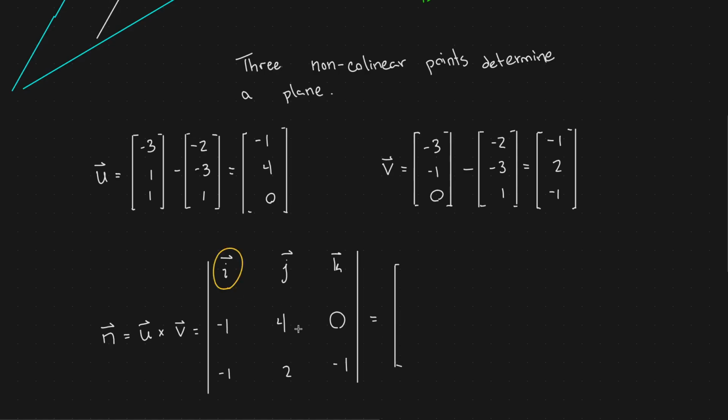For component i, I get -4 minus 0, so I get -4. For j, if I take the 2 by 2 of what's left, I get 1 minus 0, so that's 1. But since it's the j component, I switch the sign, I get a -1. And for k, I get -2 minus -4, so that's -2 plus 4, that's 2. So that gives me a vector orthogonal to both u and v, and therefore normal to the plane.